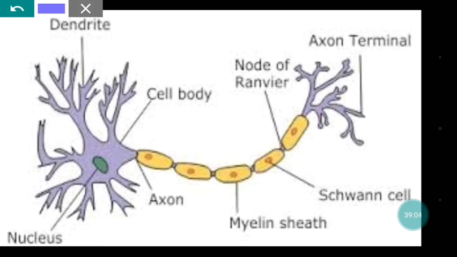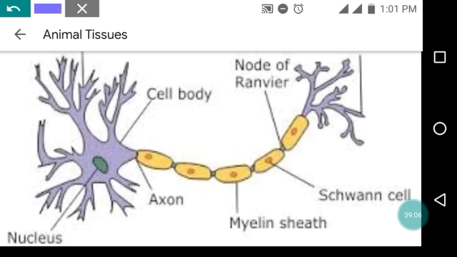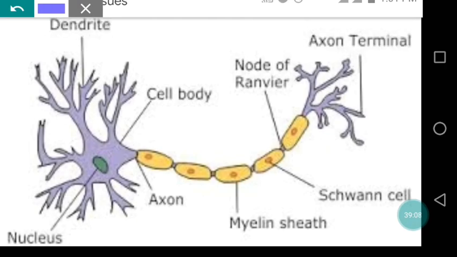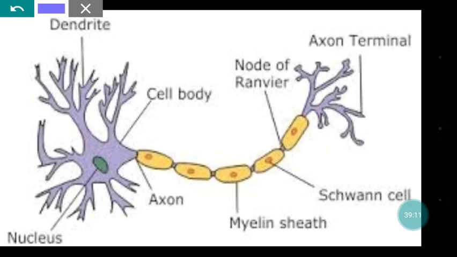So what is happening here? The conduction of the electrical impulse is very fast because the impulse jumps from node to node. The conduction of nerve impulses is very fast, and these impulses are passed to another nerve cell. This is how the communication happens.